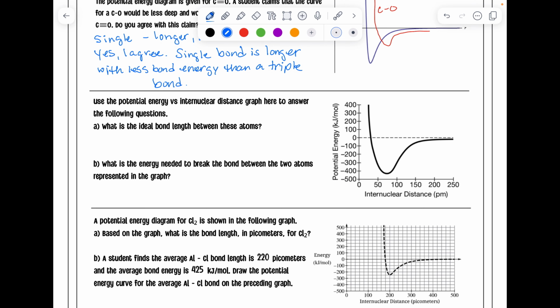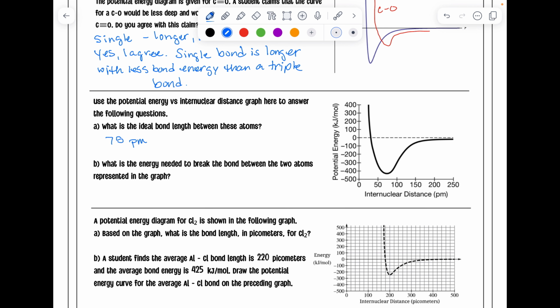This example says use the potential energy versus internuclear distance graph here to answer the following questions. What is the ideal bond length between these two atoms? So I am looking for this dip, right? So this dip is right in the middle here. So I would say that that is about 75 pm.